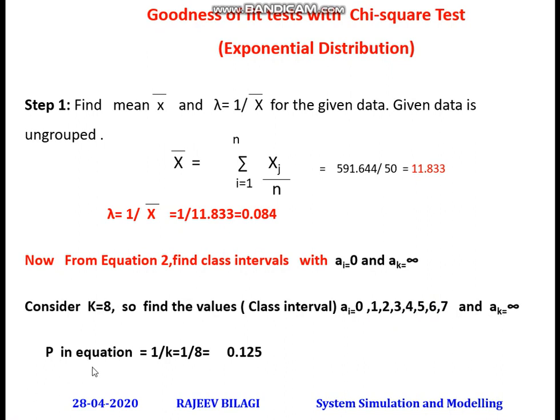So now to find this in the given equation, we know that in the formula you have p equal to 1 by k.